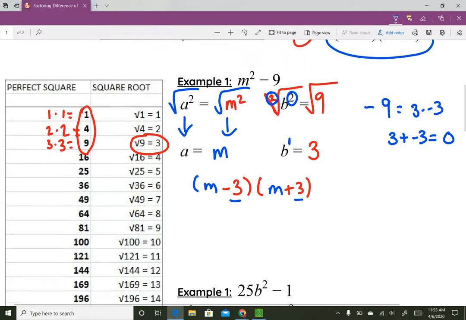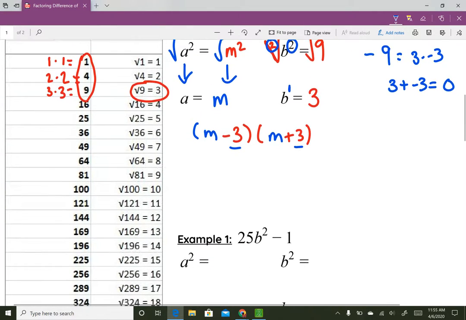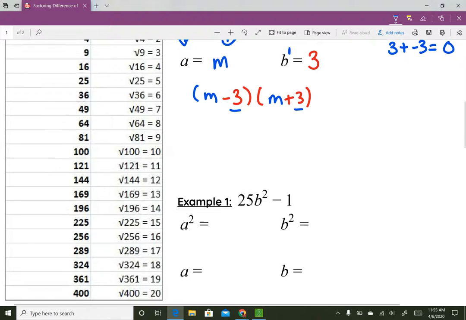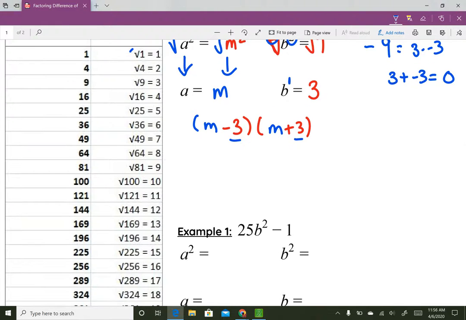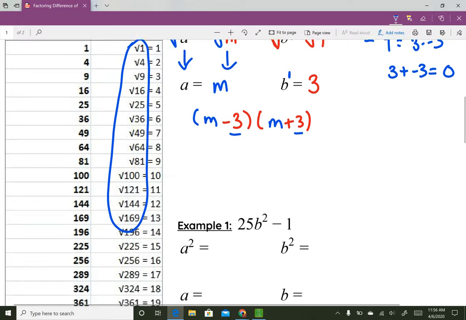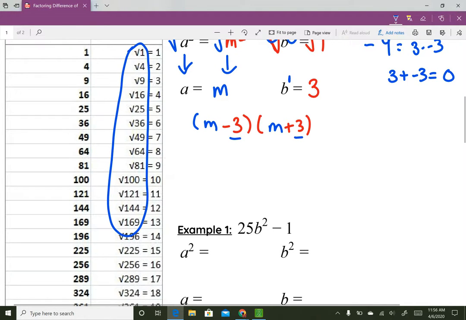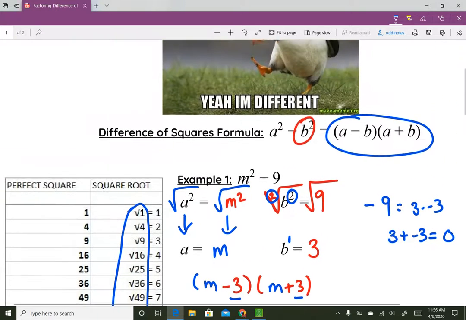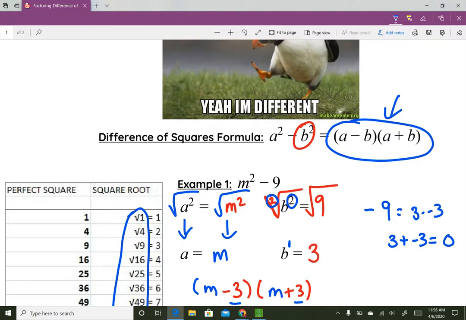But what I want you to start to realize is this. If we look at example 2, all the things that we're going to factor have one of these numbers in them. So you can just take a look: if I see 2 terms and a minus sign, it means it's a difference of squares, so I can use this formula right here.